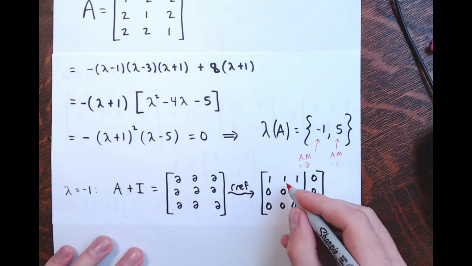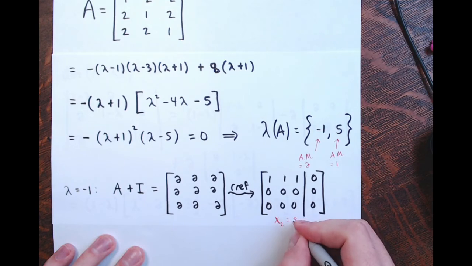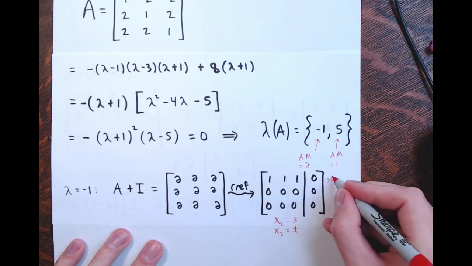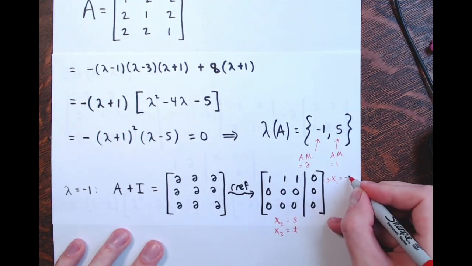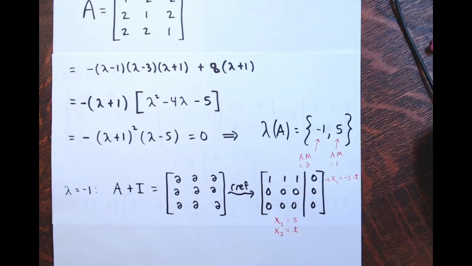So my free variables are the second component, I'll call that S, and the third component, I'll call that T, where S and T are any real numbers. And then from the first row, you see that x1 would have to be -s minus t, subtracting x2 and subtracting x3.